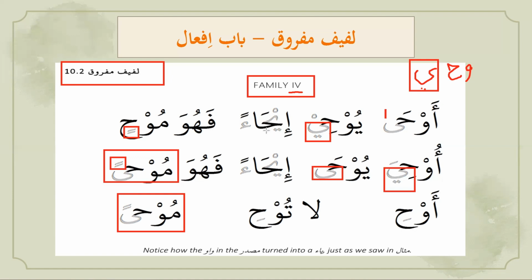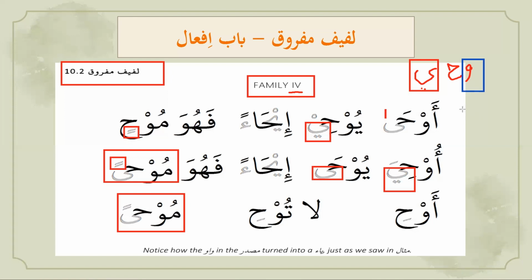This is the same thing that we saw in misal words like warasa, yarisu. Oh, sorry, awrasa, yurisu, irasan. Instead of wirasan, we learned that the waw is replaced with ya to avoid the u sound.